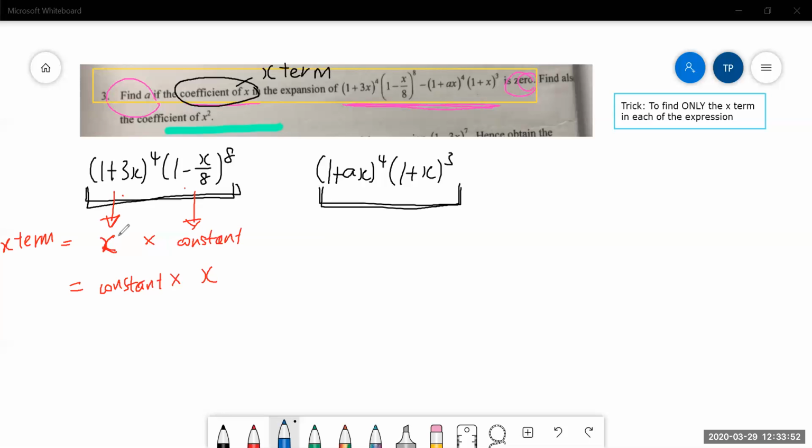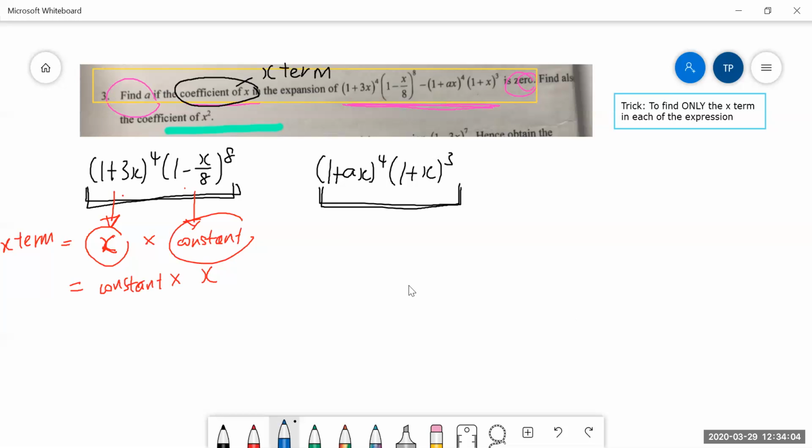You're supposed to find that specific x term and the specific constant term, which is what Mr. Yi probably taught you last year, how to selectively multiply. If you want x squared, you must multiply whatever gets you x squared. Yes, correct.